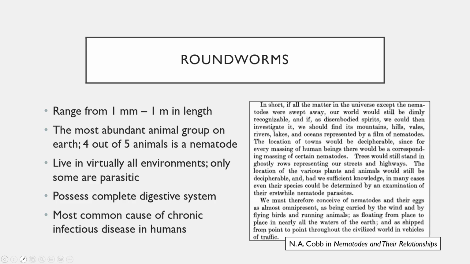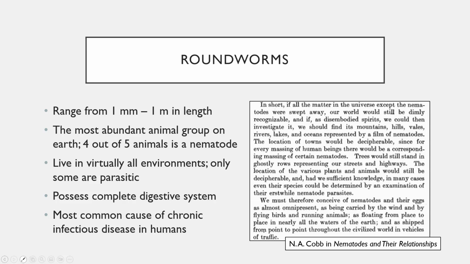They are the most abundant animal group on Earth. Another word for roundworms is nematodes. And the nematodes are so numerous that if you were to count up every animal on the planet, including helminths, 4 out of every 5 animals numerically would be a roundworm.